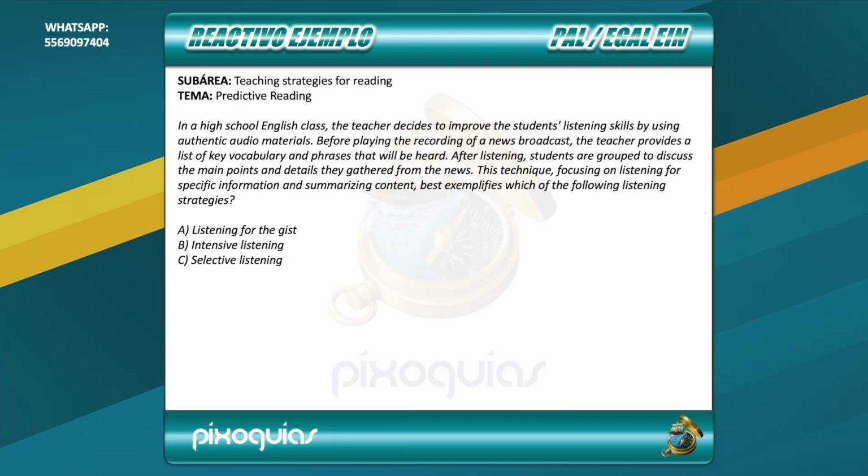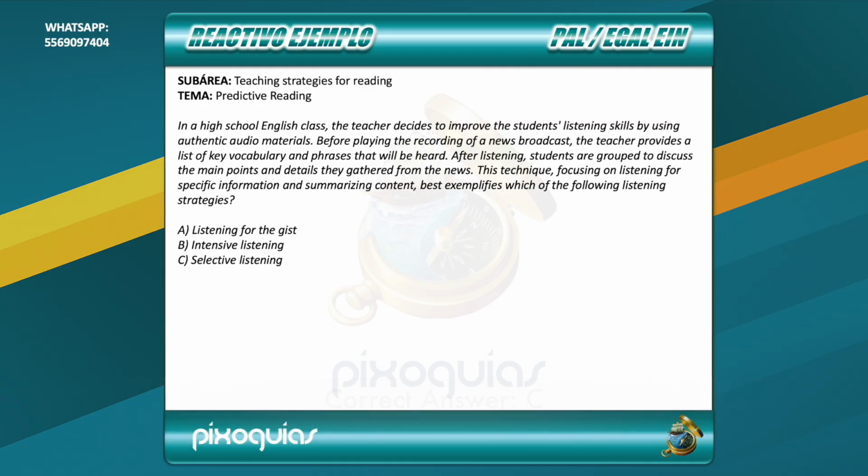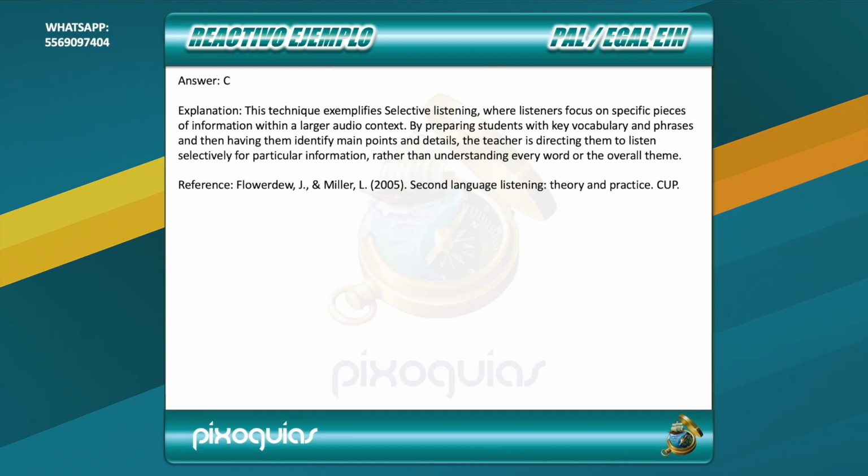Listening for the gist, B. Intensive listening, C. Extensive listening, and D. Selective listening. The correct answer is D. Let me explain. This technique exemplifies selective listening, where listeners focus on specific pieces of information within a larger audio context.